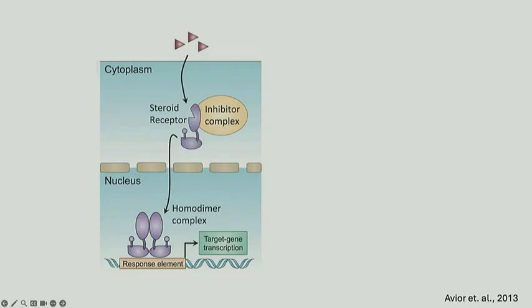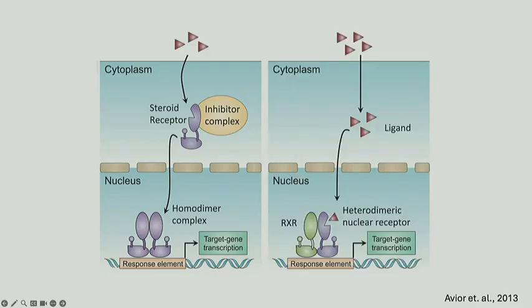You get a ligand that comes in that releases that homodimer from its inhibitor complex, allows it to dimerize and go into the nucleus and positively regulate transcription, whereas heterodimeric receptors are always in the nucleus, and they're bound to generally RXR, and collectively these repress transcription until a ligand makes its way into the nucleus, a hormone in this case, and activates expression, right?